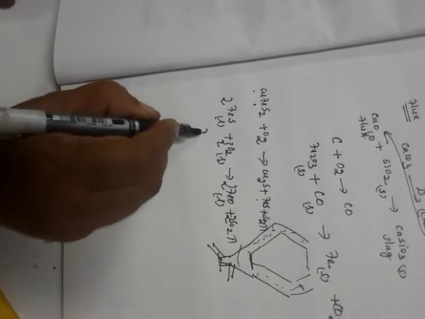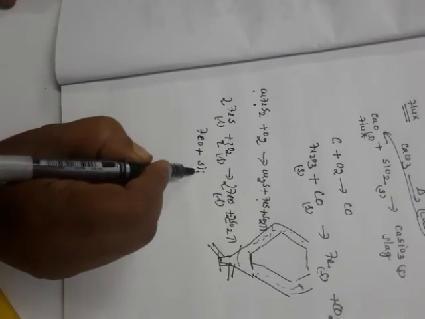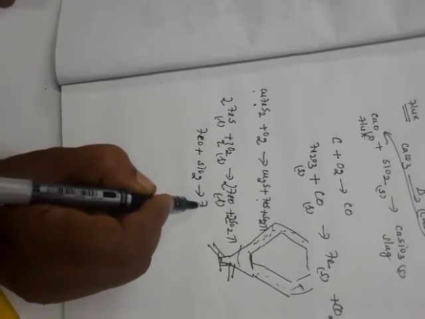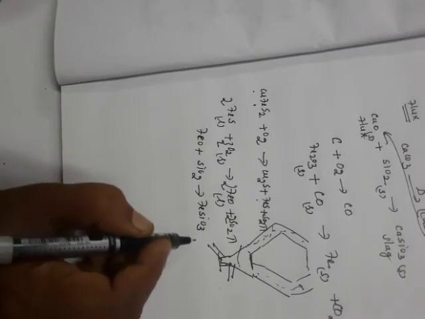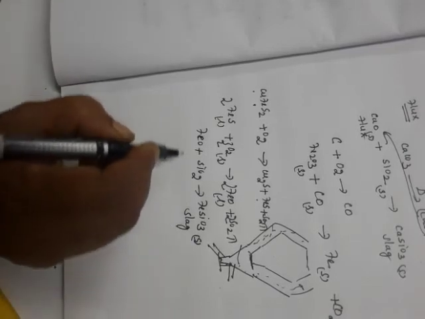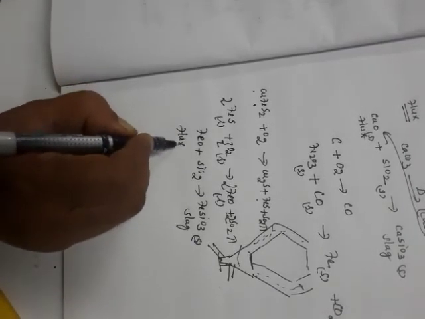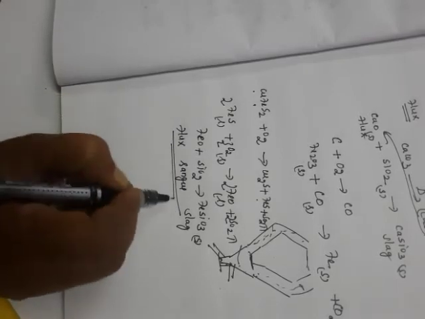And this FeO with the silica SiO2 forms FeSiO3. This is the slag, solid. SiO2 is the flux, FeO is the gangue, forming a slag.